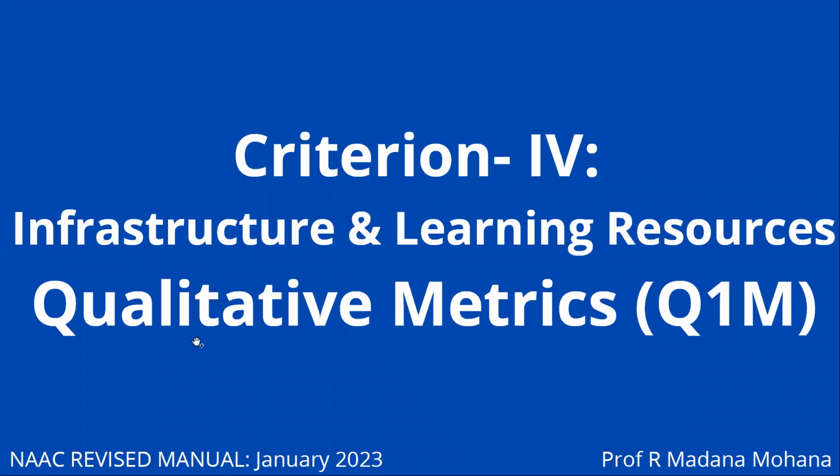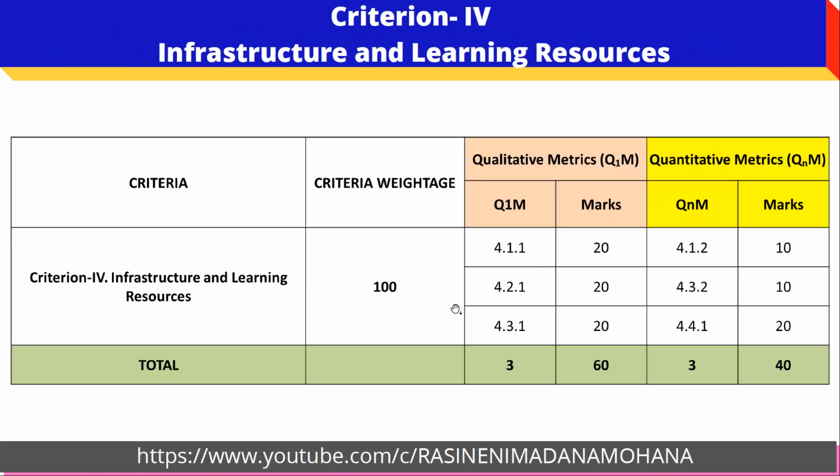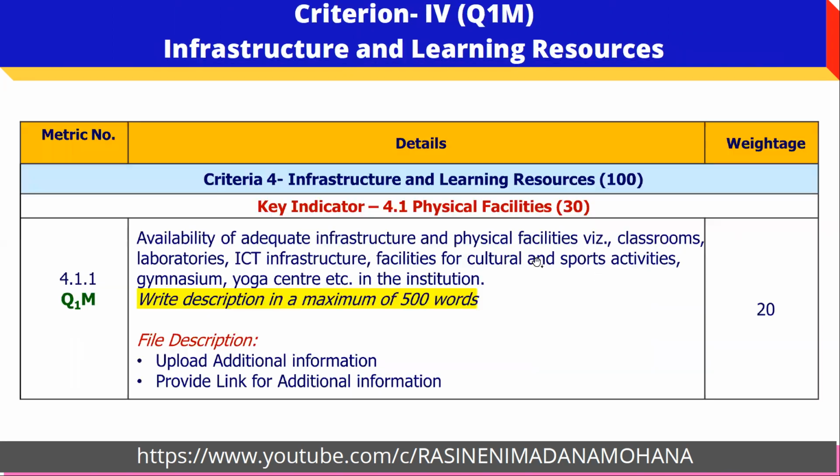Okay, first we will see qualitative metrics. The 3 qualitative metrics we just discussed are 4.1.1, 4.2.1, 4.3.1. All carry 20 weightage each. Now let us see what those are.